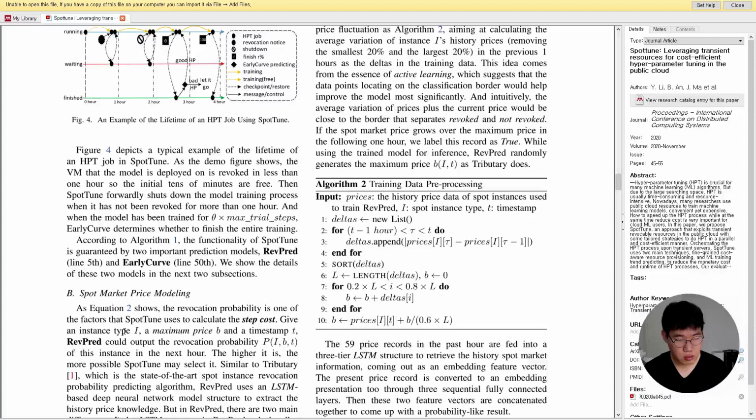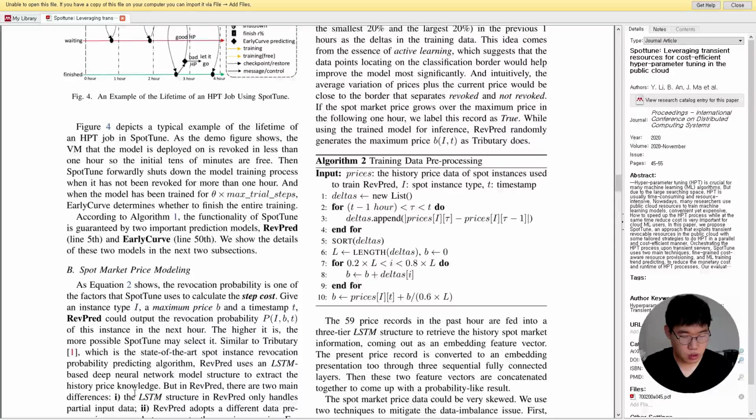Given instance type I, a maximum price B and the timestamp T, the revocation predictor outputs the revocation probability P(I,B,T) of this instance in the next hour. The lower it is, the more likely SpotTune is to select it, similar to Tributary, which is the state-of-the-art spot instance revocation probability predicting algorithm. The revocation predictor uses an LSTM-based deep neural network structure to extract the history price knowledge. But there are two main differences from Tributary.